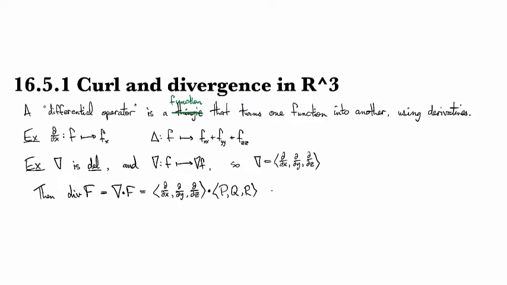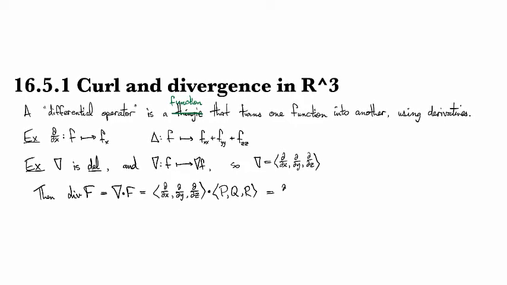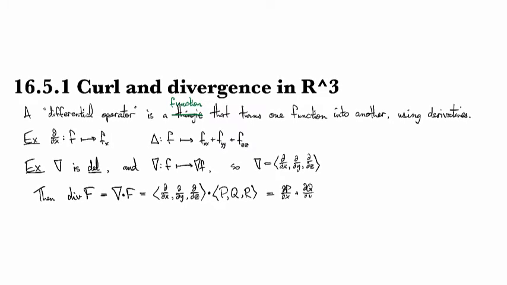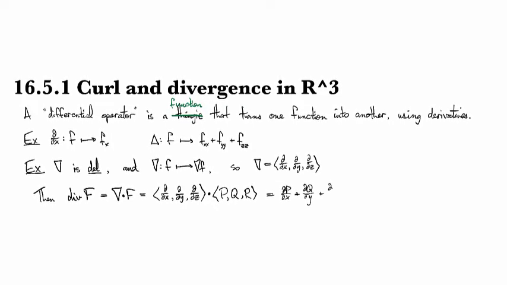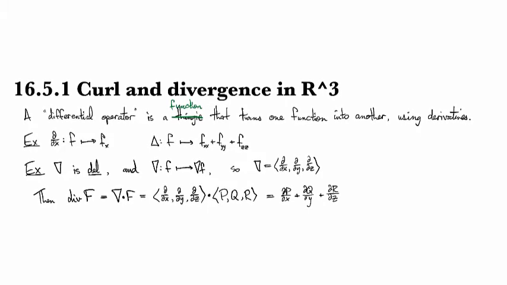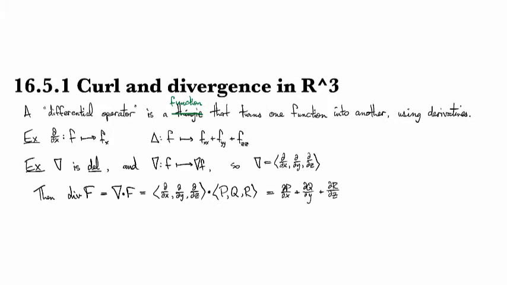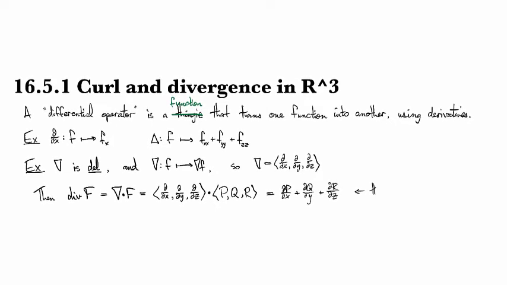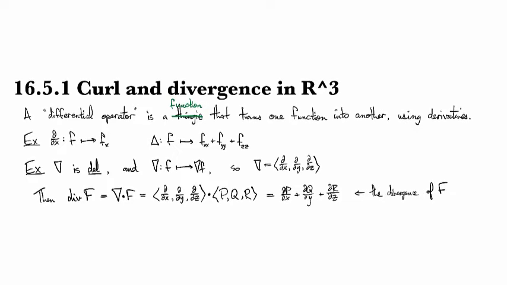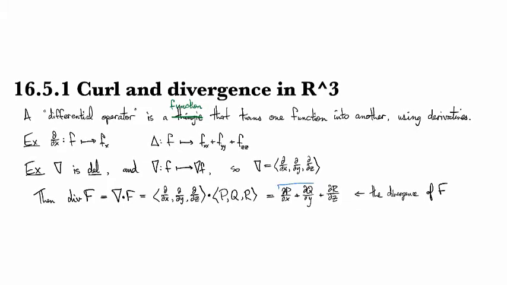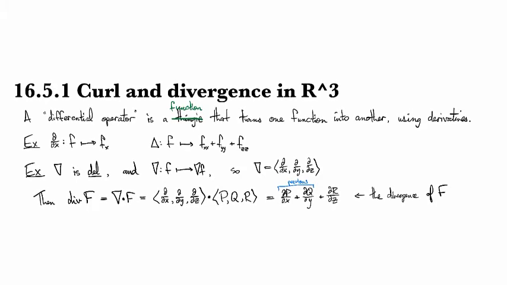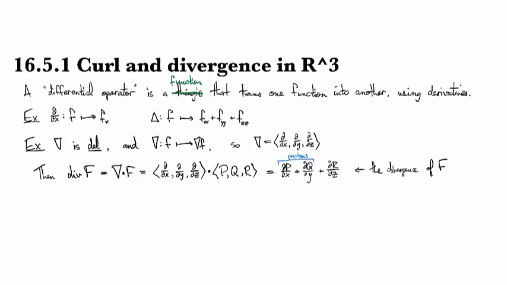When we do this dot product, we get dP/dx plus dQ/dy plus dR/dz. That's the divergence. Previously we were just looking in R2, so we only saw this much of it right here. For R3, just do the obvious thing and extend to the third coordinate as well.